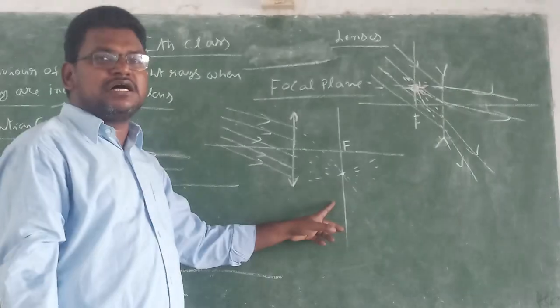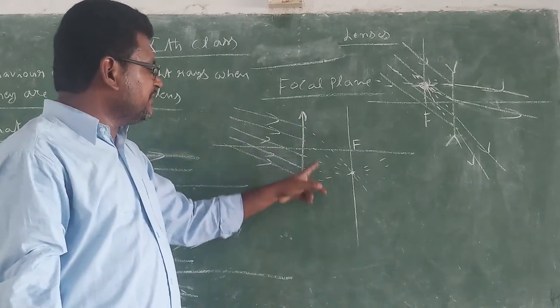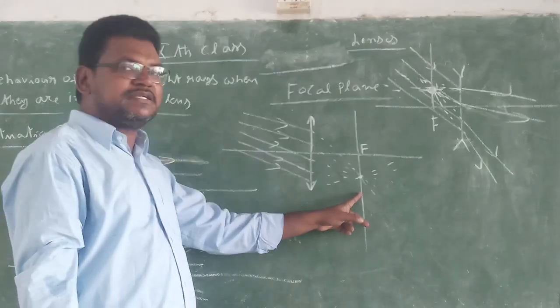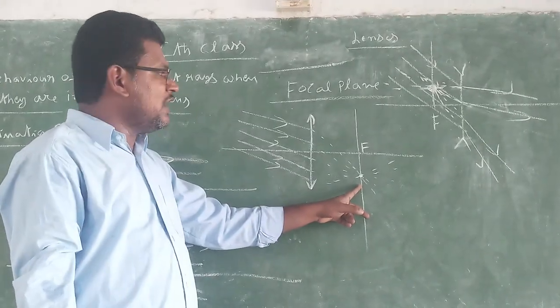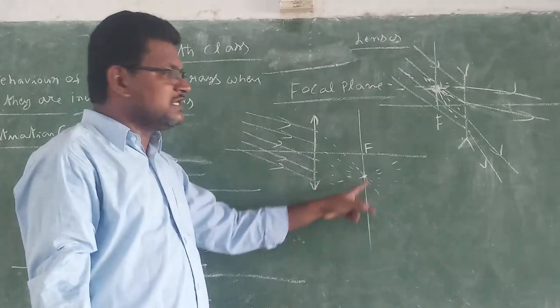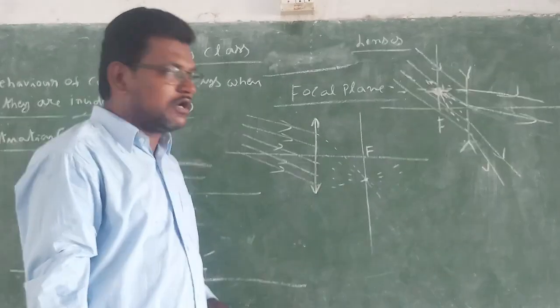And this is called a focal plane. So the focal plane means the refracted light rays of parallel incident light rays intersect at one point on the perpendicular line to the principal axis passing through the focus, and this is called a focal plane.